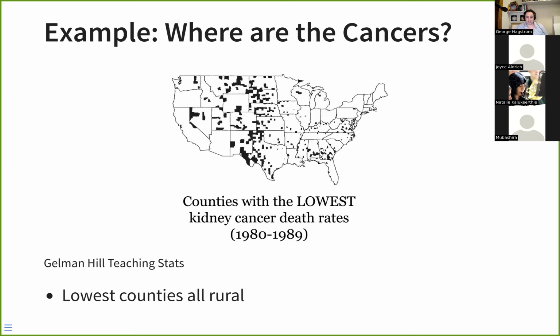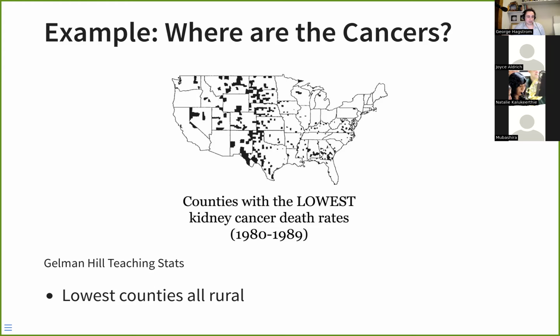And so, what's an example of this? Here's a figure which shows the counties in the United States which have the lowest death rates for kidney cancer, in a particular decade, 1980 to 1989.